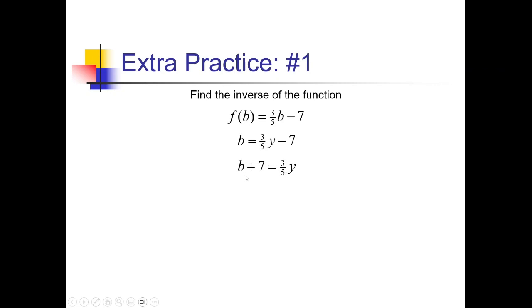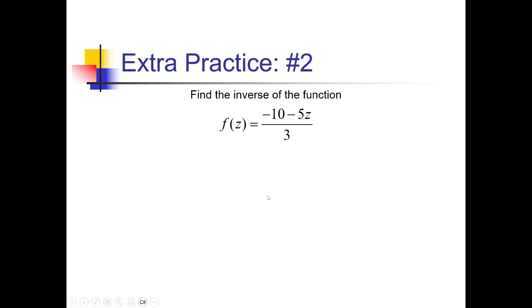And I'll just leave this stuff in parentheses over here. So I can write y equals 5/3 parentheses b plus 7. But instead of writing y equals, I'm going to write f inverse of b equals 5/3 (b plus 7). This f inverse used to be the y right here, but we put it back in there just to be very specific about what we've just found, which is the inverse function for f.